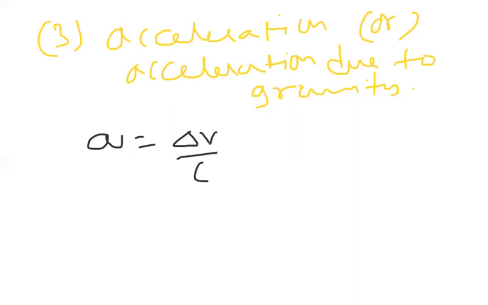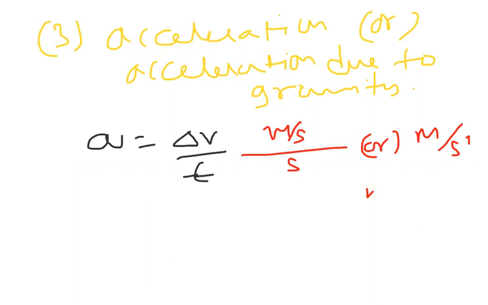Delta V indicates change in velocity by time. Remember, change in velocity is also velocity only. If you take velocity minus velocity, again we get velocity. So here we get meter per second by time. Time is also second. Or I can write meter per second square, or meter second power minus 2.